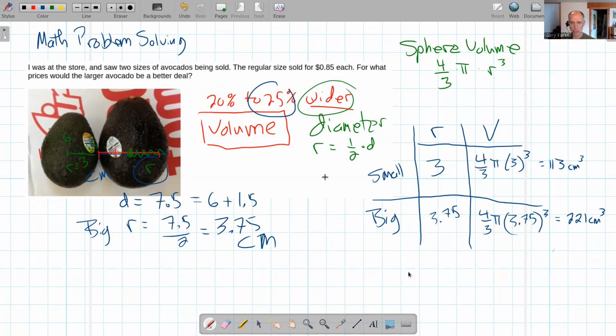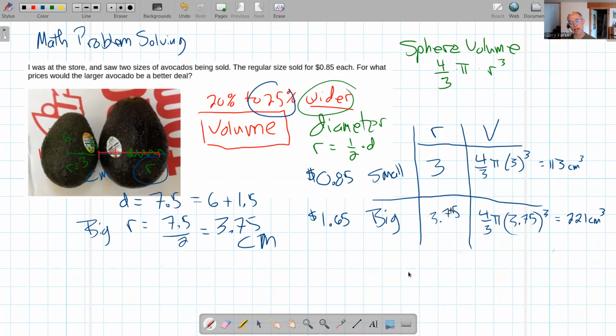So if this one had a price of $0.85, a comparable price to this one would be just under double. So just a little less than 170. So I'm just going to guess maybe 165 would be about the same price per ounce or something like that. We can double check that.